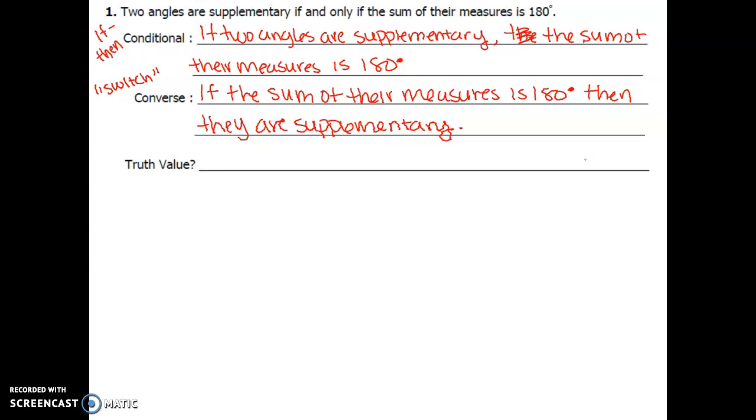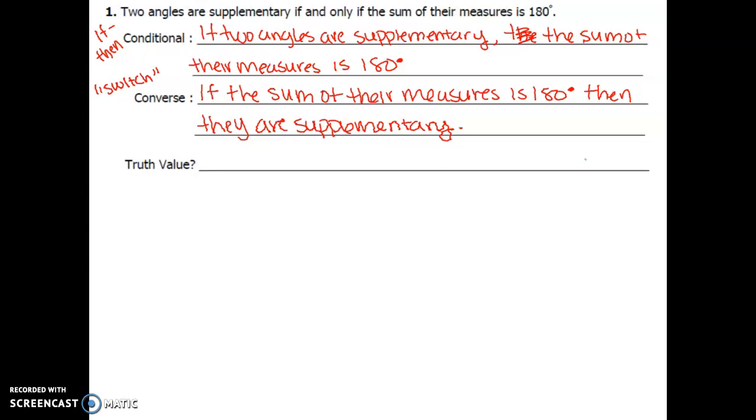Then we have to see the biconditional truth value. Remember, they both have to be true. We did talk about how it's true when they're supplementary, it's 180 degrees. If they are supplementary, then they are 180 degrees.